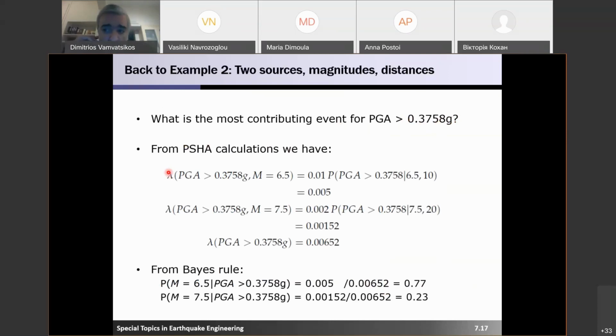You don't need to do much work. You just need to go back to those tables and pick up the numbers. We've calculated that to exceed this value of PGA, 0.36, for a 6.5, the rate was about 0.005. To exceed it for a 7.5, that was about 0.0152. Remember, you sum up the two, and you end up with this number.